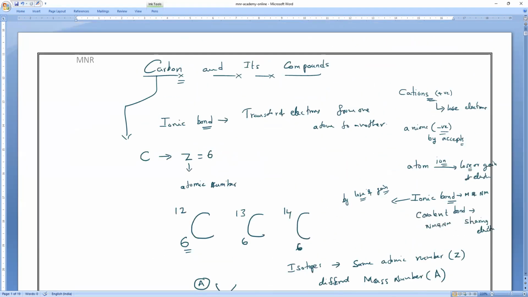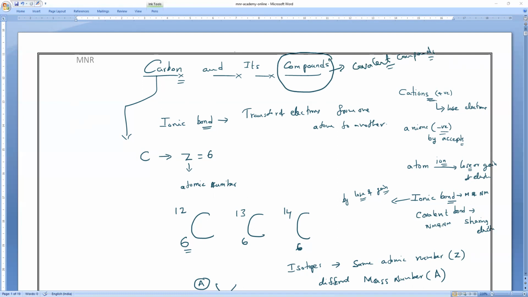So what is our chapter? Carbon and its compounds. The compounds formed by carbon, every compound is what compound? It is the covalent compounds. So every compound formed by carbon is a covalent compound. And you remember, are covalent bonds strong or weak? We studied the properties of covalent and ionic bonds.